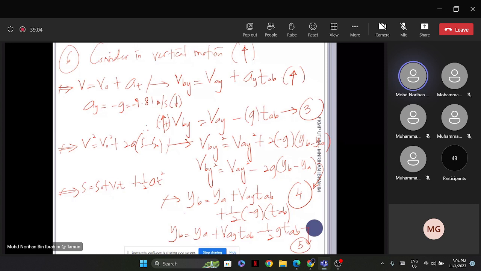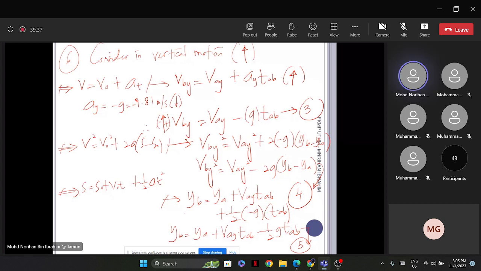So when we consider these projectile motions, there are 5 equations altogether. You don't have to memorize everything. The important thing is to put in your mind that the basic equations needed for analyzing projectile motion are the 3 constant acceleration equations.